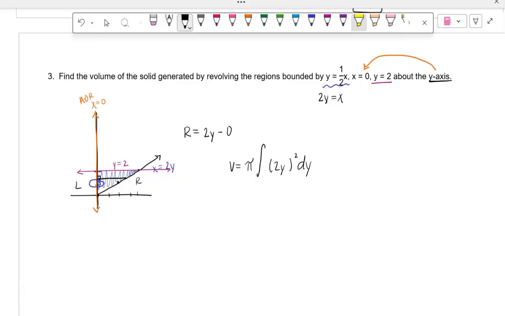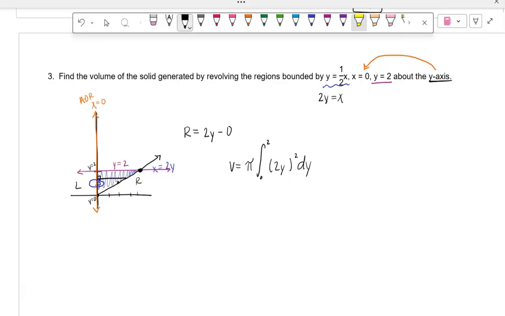Well, our bounds also need to be in terms of y. So our bounds being in terms of y, this is going to be at y equals 0 is right there. And this line is y equals 2, and I've got an intersection at 2. So right here, we intersect at, it looks like 4, 2, which is perfect because we need that 2. So we're going from 0 to 2.